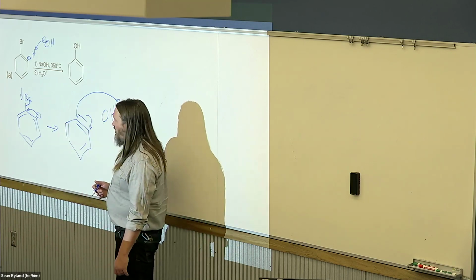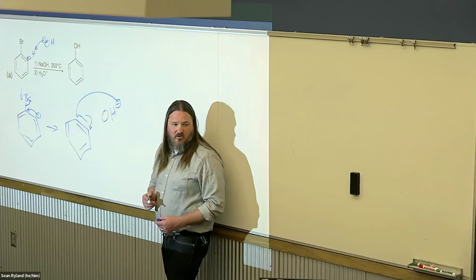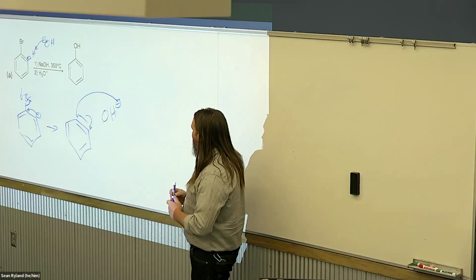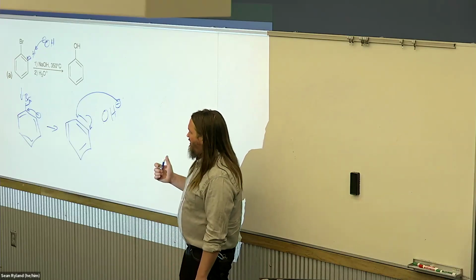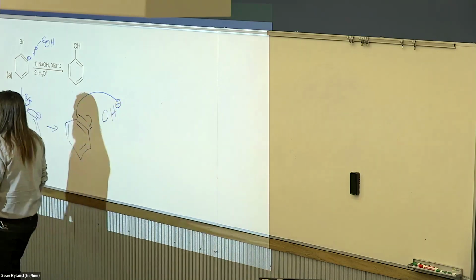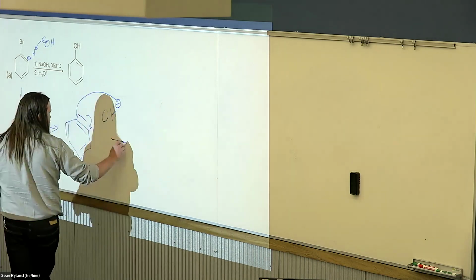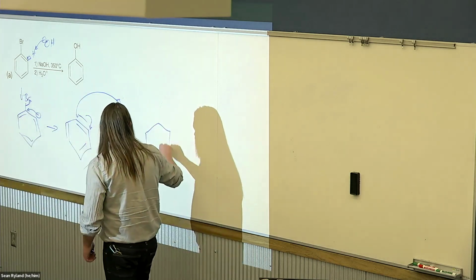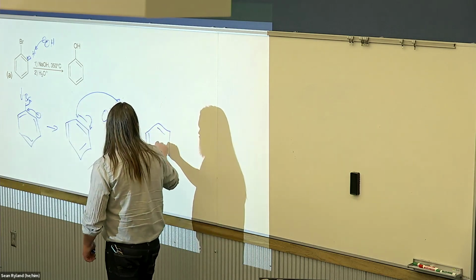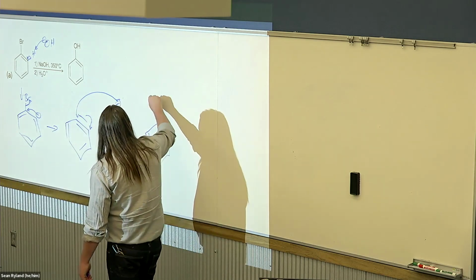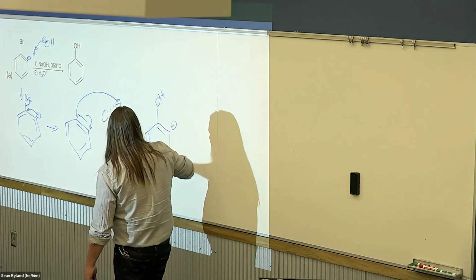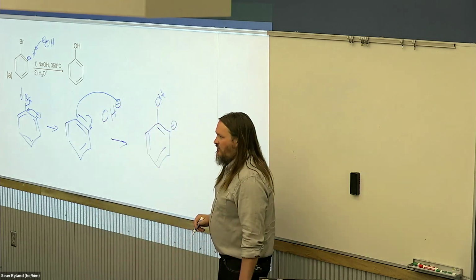If you're trying to draw one specific isomer that we're trying to favor, because I told you specifically you're looking for the para isomer versus the meta isomer, then you just pick the right carbon based on where you're trying to put your hydroxide at the end. So now we're back to having a negative charge. We just protonate it.